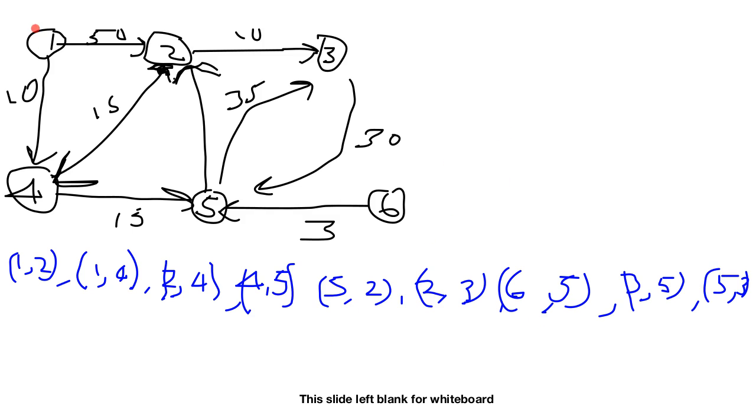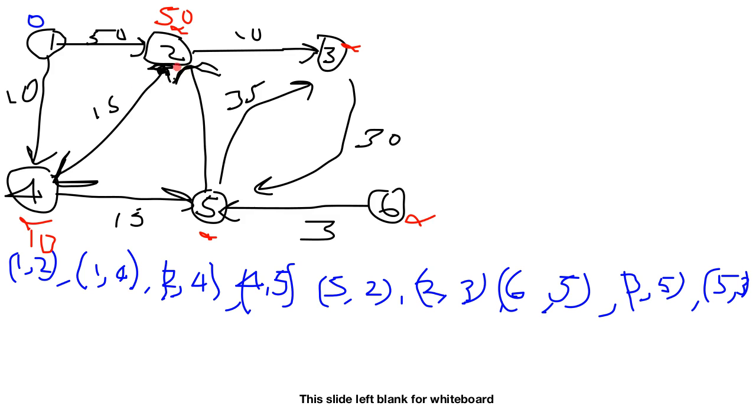So for this case, now we can start with the first one, which is supposed to be 0. Remember, these are all infinites for now. So this becomes 50. From 1 to 4, this becomes 10. 2 to 4.